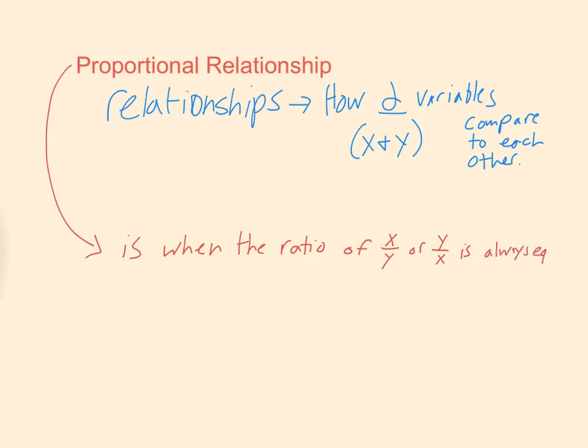All right, I'm going to explain what that means because I know that doesn't mean anything to you yet. The ratio of X to Y or Y to X is always going to be equal.